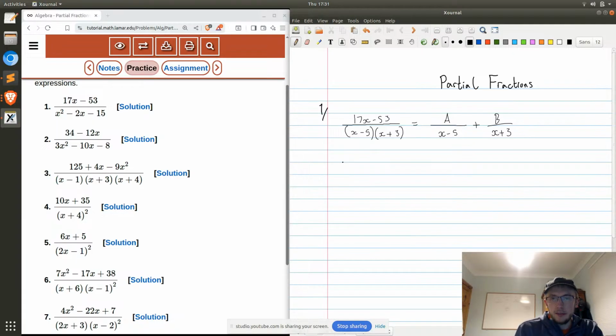So if I just perform the fraction addition algorithm on the right-hand side, then what I would end up doing is multiplying this numerator by x plus 3, and this numerator here by x minus 5. And the final result would have to equal 17x minus 53.